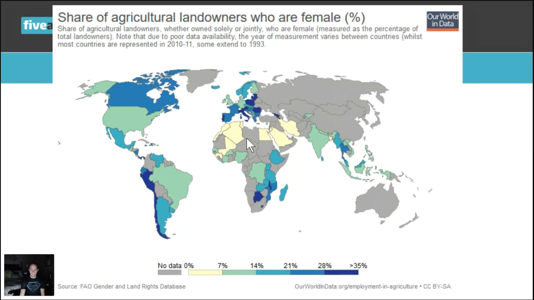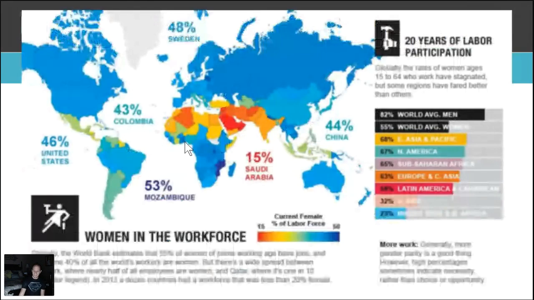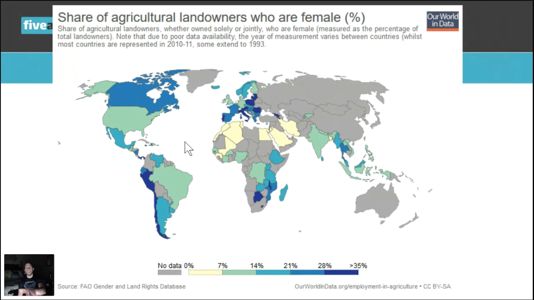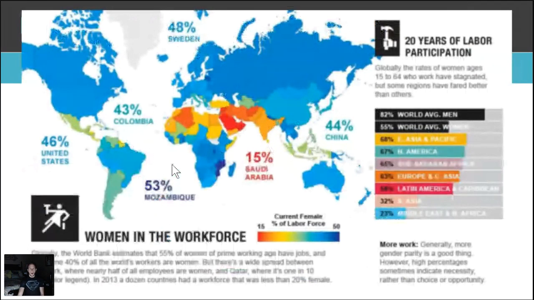And in some of these other places, it gets as high as 28 to 35%. But then in some of the poorest places where most of the women are going to be the agricultural laborers, you're going to see where women don't own any of that land. And obviously a lot of the data is not going to show for places that can't produce that data, which are, again, clearly your poorest countries.